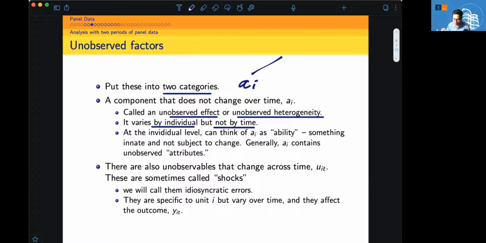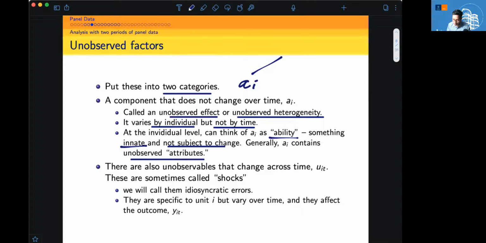And it's actually different from one individual to another individual. And so that's why we call it unobserved heterogeneity. At the individual level, you can think of this as ability, you can think of this as motivation, something that is innate and not subject to change. If you want to make it a bit more general, we can also refer to a_i as unobserved attributes.